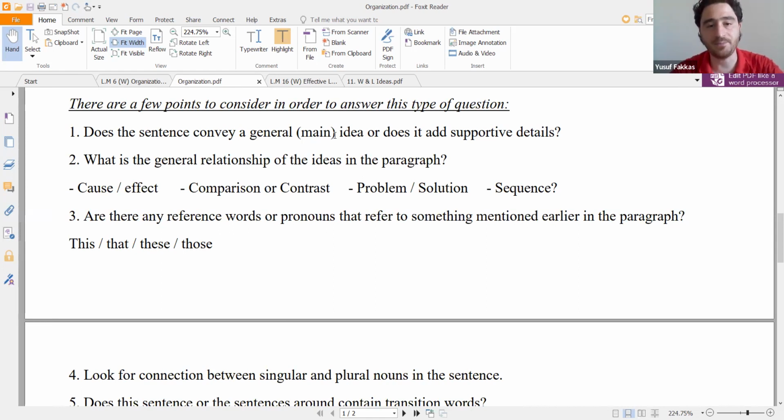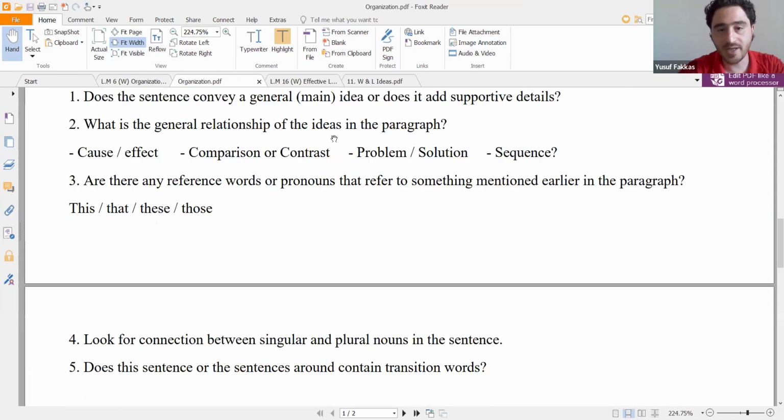Is it a main idea? Is it general? Or is it specific? That will help me decide if it should be the topic sentence or not, which means, should it be the first sentence of the paragraph? That means it's a general idea, the main idea of the whole paragraph. Or does it give me just specific details? So it's going to be in the support part. Okay.